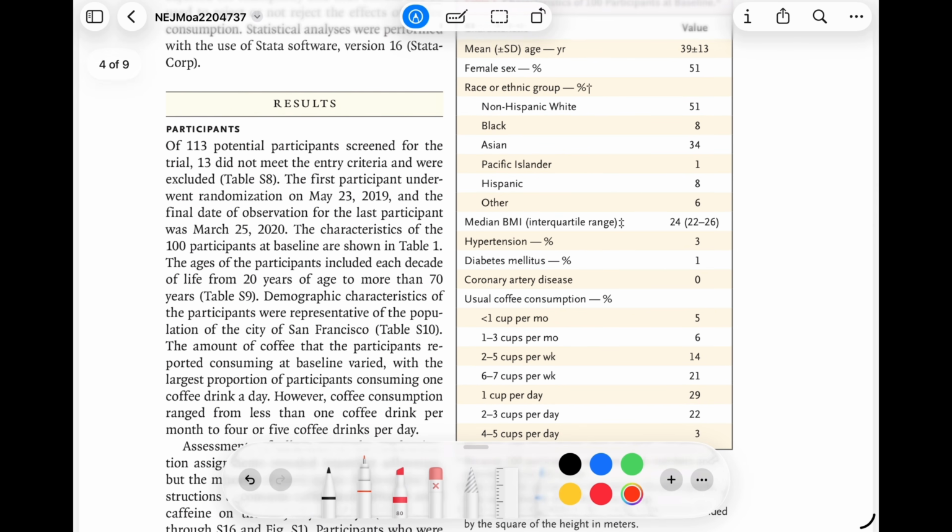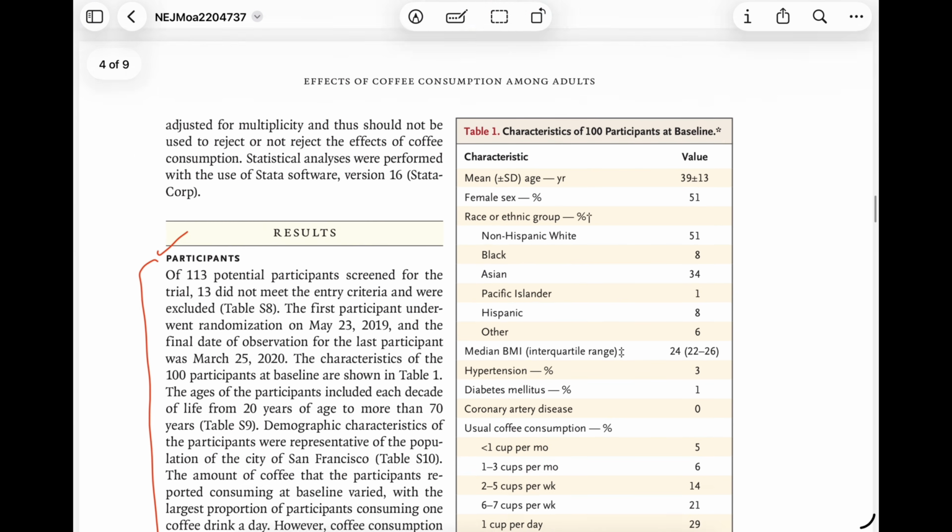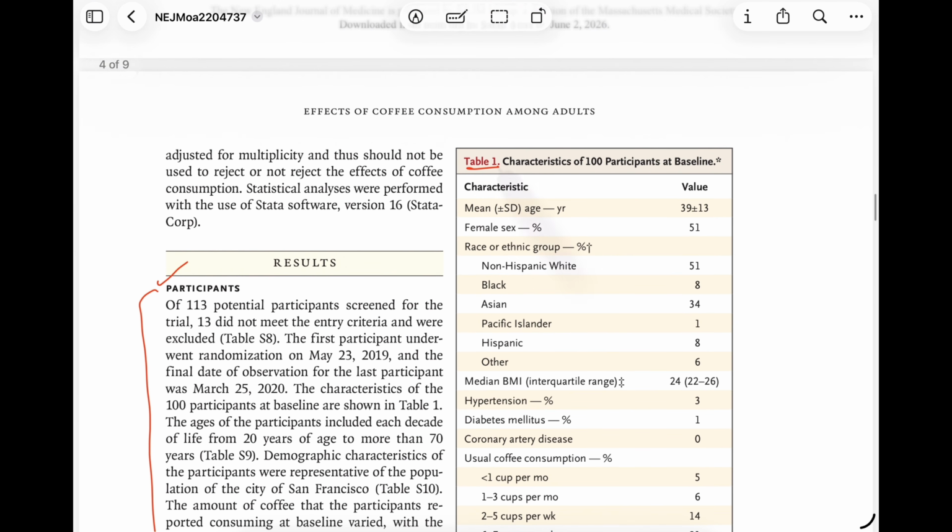See, here they have talked about the participants first. And in the results section, you're going to find table 1, maybe even above it. But table 1 is always mostly the baseline characteristics of the study in an original study. So it's basically a table where they give you the baseline characteristics of the population that they were testing the intervention in.